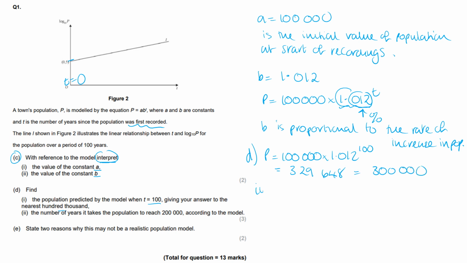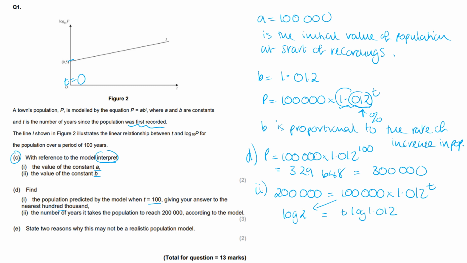And then in part 2, the number of years it takes for the population to reach 200,000. So 200,000 is going to equal our 100,000 times the 1.012 to the t. And we've got to now solve for t. So if you divide by 100,000 and then take logs, log 2 is equal to t log of 1.012.